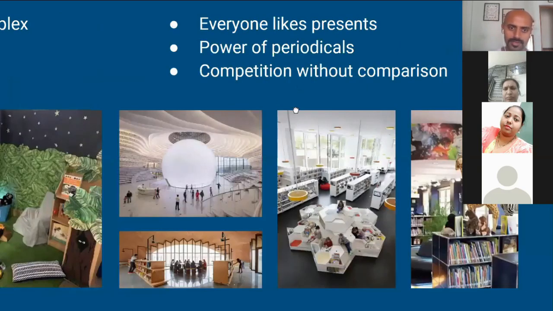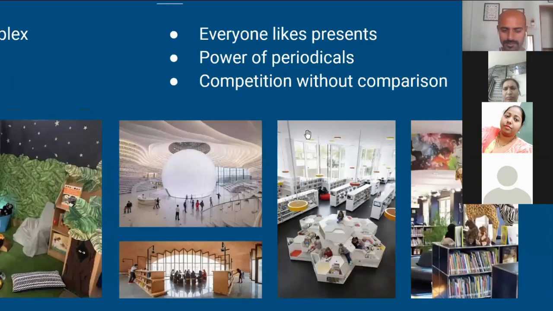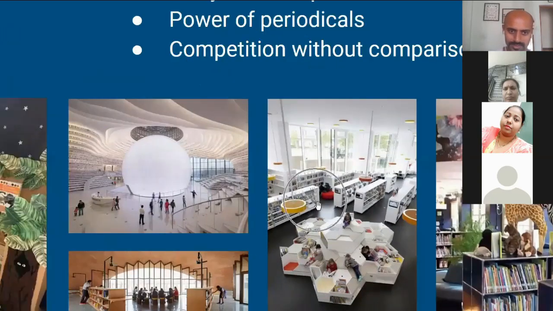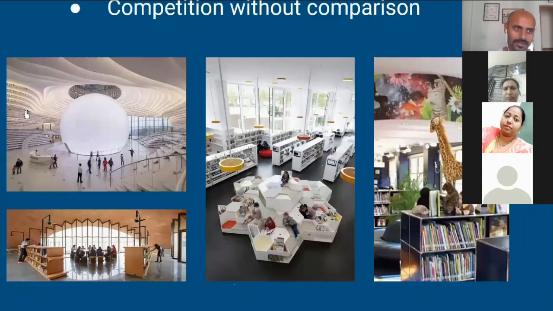Then the second one is school libraries, the pictures that you see here, except for the first one. This is a public library in China. If you can notice the curves and the tiny patches in the background, I'll just try to mark it. Yeah. Can you see this part or this?